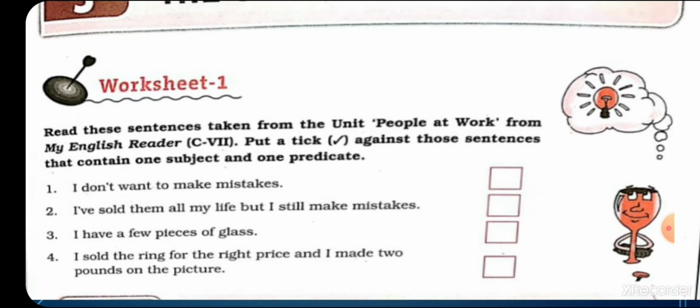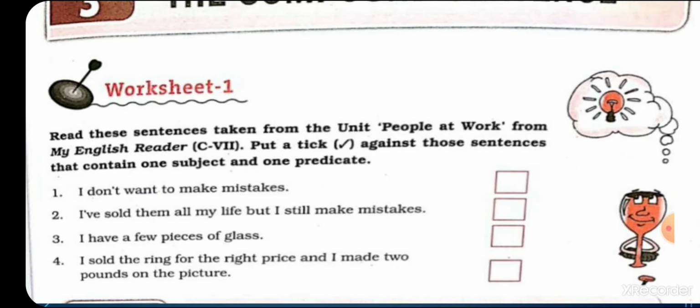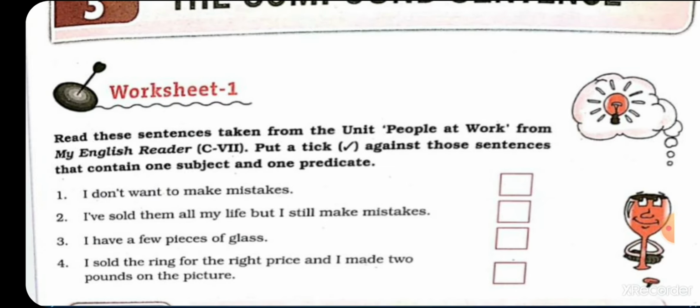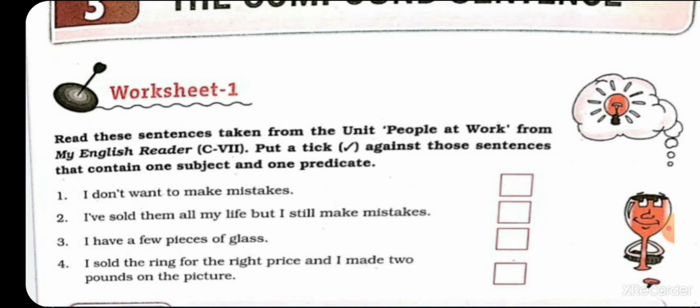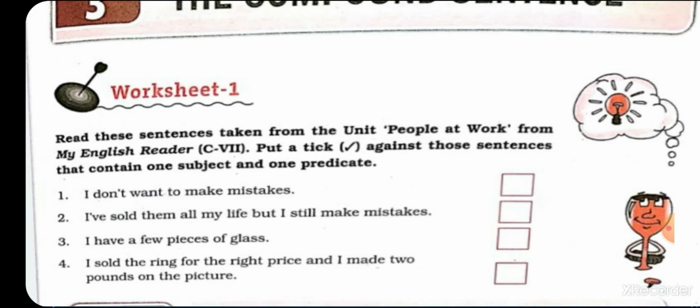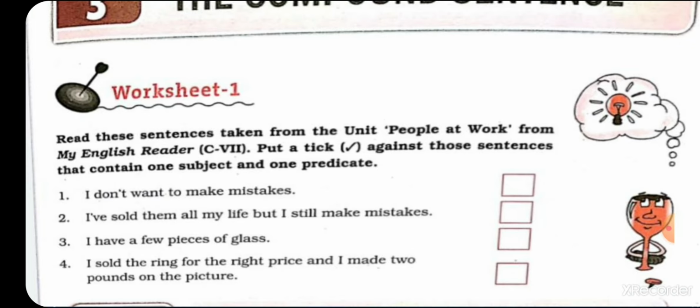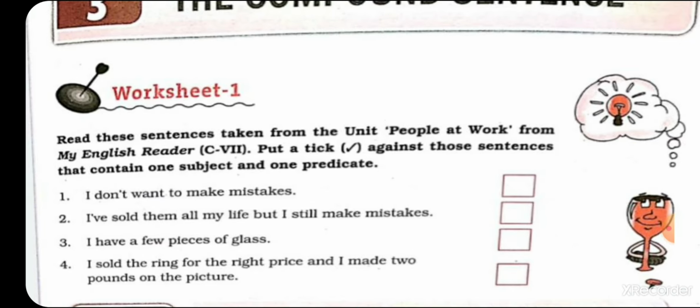Next one: "I have sold them all my life, but I still make mistakes." Put a cross. Next one: "I have a few pieces of glass." Put a tick here as it contains one subject and one predicate. Next one: "I sold the ring for the right price and I made £2 on the picture."